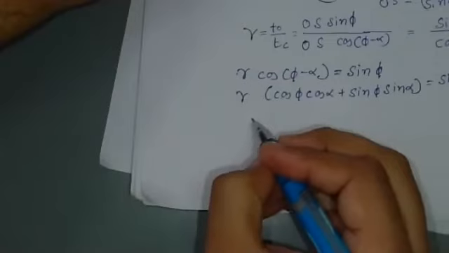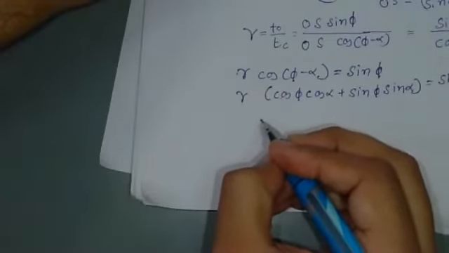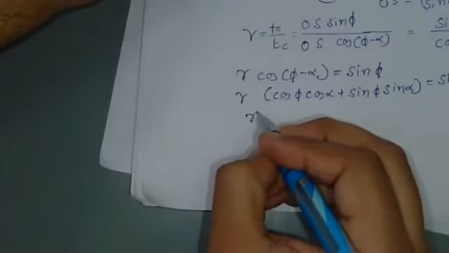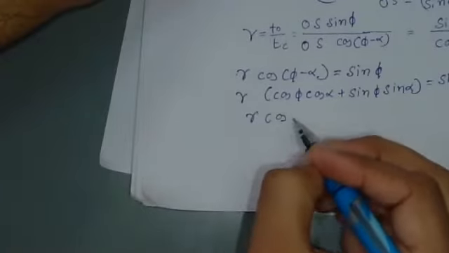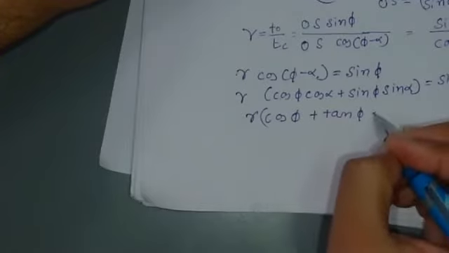Or you can further expand it, so you can just write r cos phi plus tan phi sin alpha is equal to tan phi.